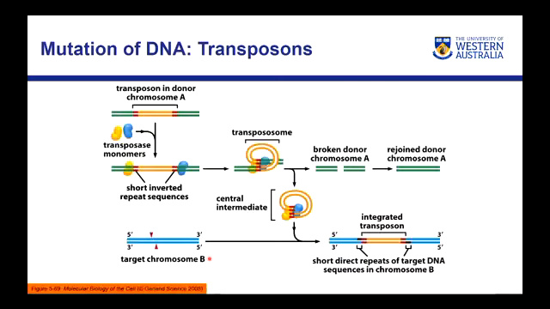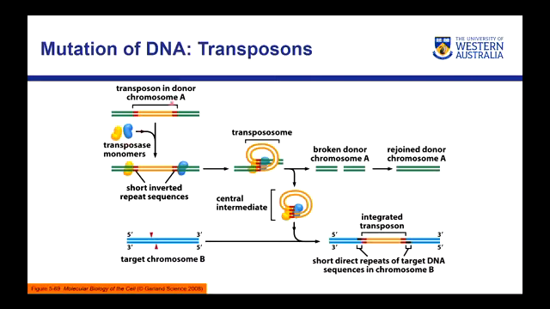So, now I'm going to talk about methods by which a transposon can go from one chromosome to another. Here we've got chromosome A in the green, and here we have the transposon in the yellow. And this transposon is going to jump from chromosome A to chromosome B. You can see that the transposon has these, in red, what we call short inverted repeat sequences on either side.